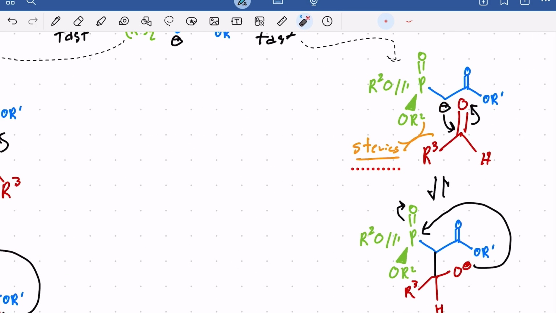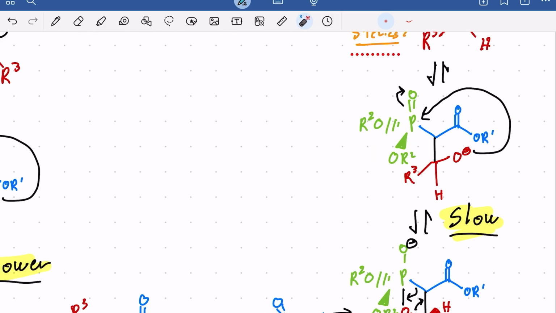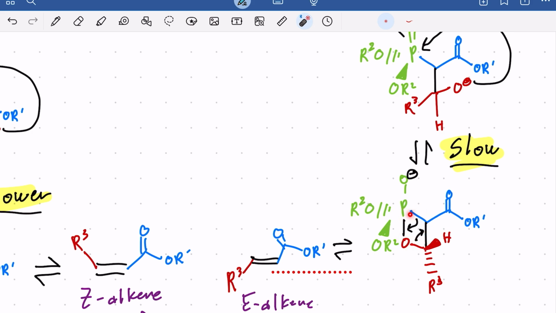This alpha carbon's electrons attack the carbonyl center. Electrons move up to the oxygen, give it that O-. Then this O- attacks the phosphate, and electrons move up to the oxygen on the phosphate. And so this makes a cyclic ring structure, and that way is slow because of the R groups.